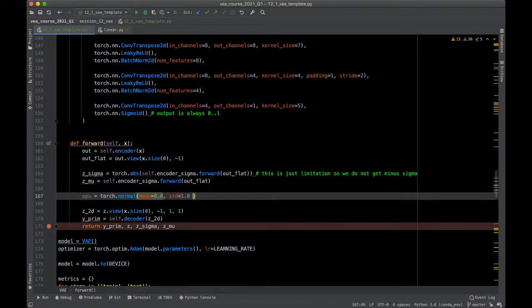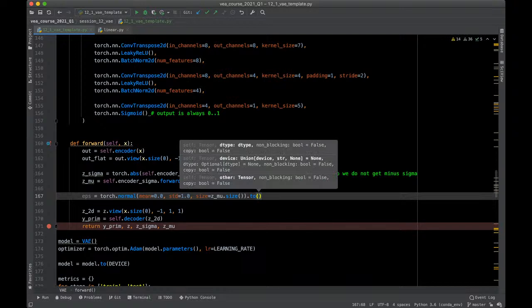So we wanted to sample something of the size of z mu. What I mean by this is that it will sample a batch with all of those 32 dimensions multiple times. So it will sample 32 dimensional z vectors as many times as samples we have in the batch, on the device.